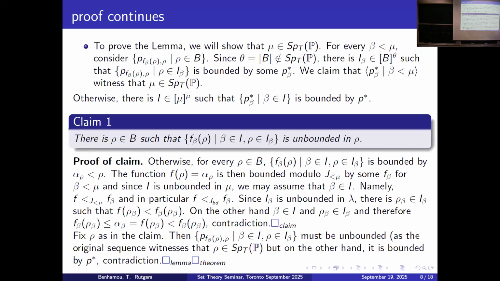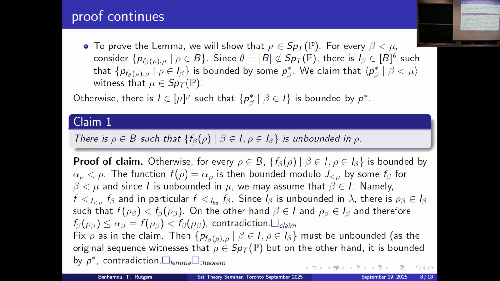Okay, so this is what we do here. Repeating what I just said, there is some I beta of size theta such that the sequence indexed by f beta of rho is going to be bounded by p star of beta. And we claim again that the sequence of these conditions is going to witness the fact that theta is in the Tukey spectrum.